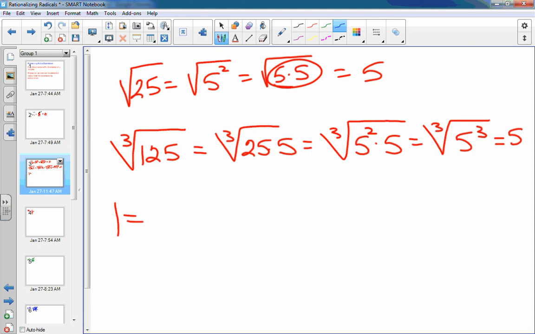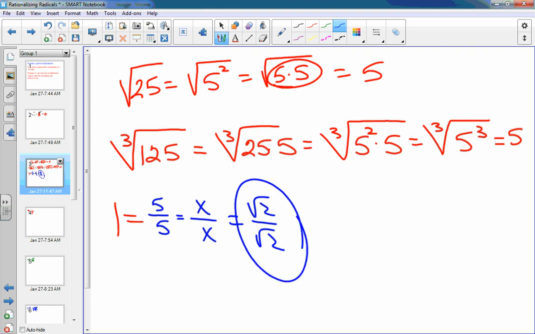Agree? 1 can be equivalent to 5 divided by 5. Would you all agree? Yes? It could be x divided by x. Yes? It could be the square root of 2 over the square root of 2. Is that legal? Yes. So what we're going to do is we're going to utilize this last concept here, and we're going to apply that to every one of the problems that we're going to be doing. Does that make sense?